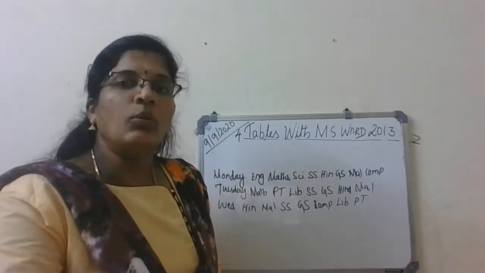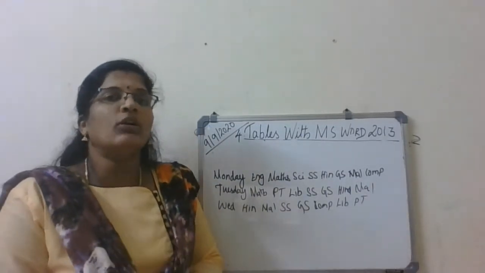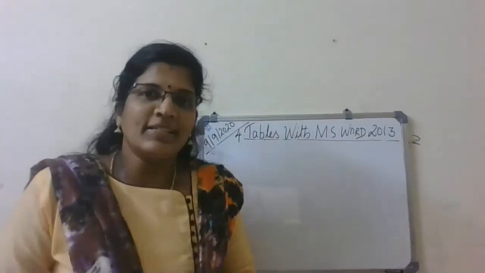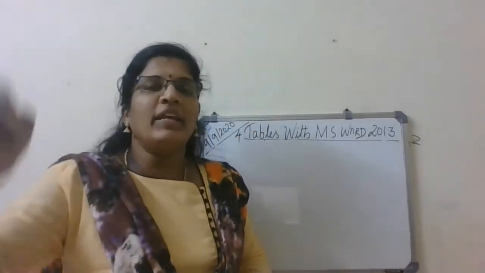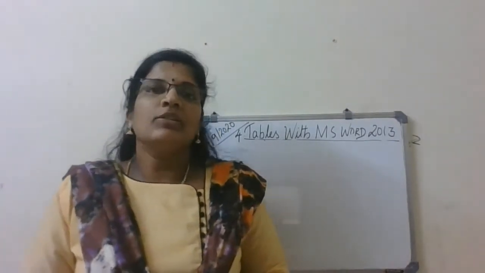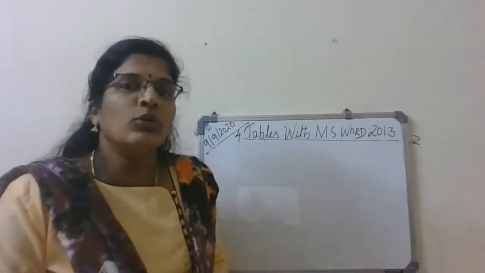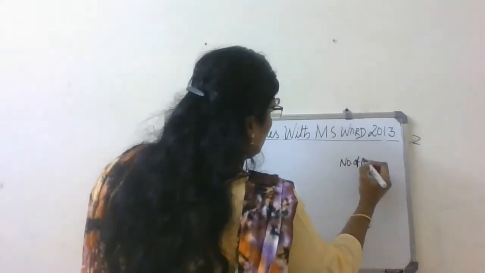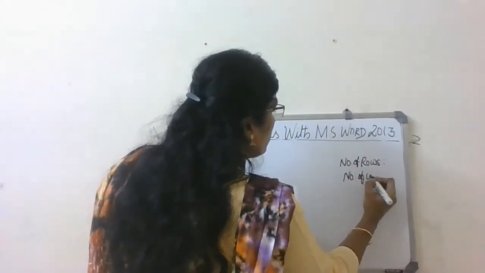So let's see how to create a class timetable, mainly how many rows and columns we need. The class timetable consists of 5 days, then 8 periods with lunch break. So the number of rows and number of columns, you should know.